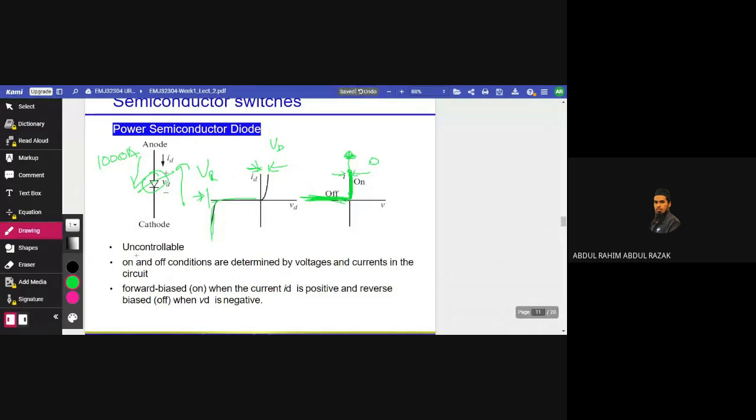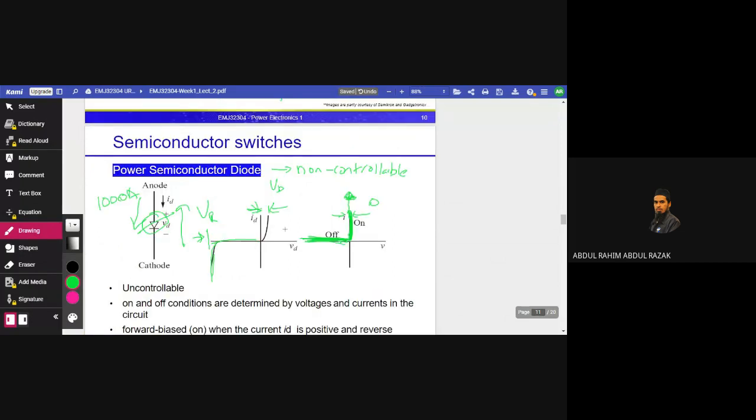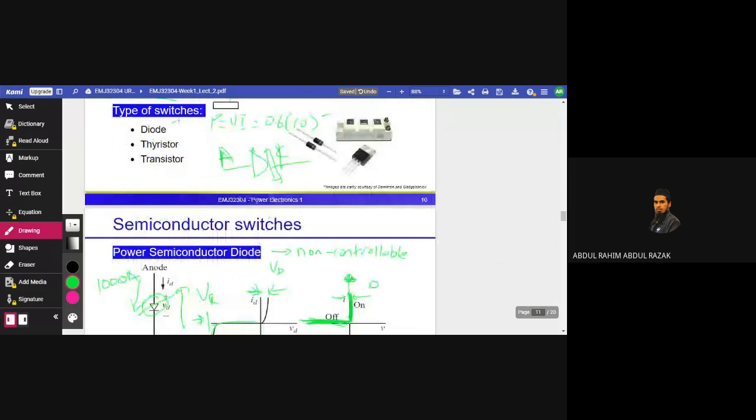If we look at the diode itself, the diode is considered a non-controllable or uncontrollable device. We have three kinds of major switches in power electronics: diode, thyristor, and transistor.